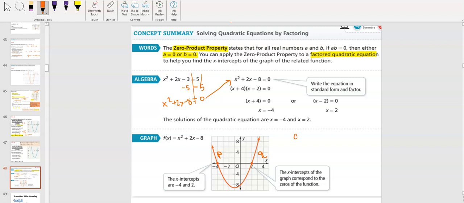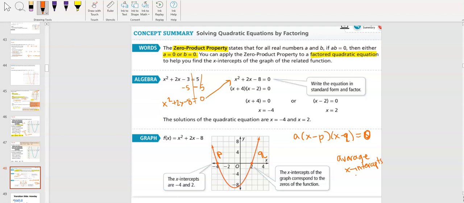We have A times x minus P times x minus Q equals 0, in order to make a factored quadratic equation. We can also take this information and use it to graph our P and Q and then find our vertex. And we found our vertex by finding the average of our x-intercepts.